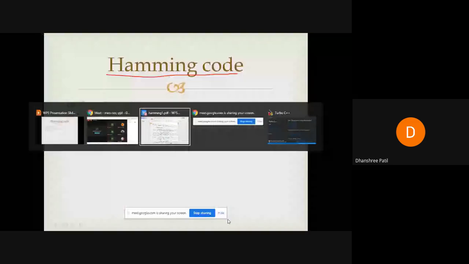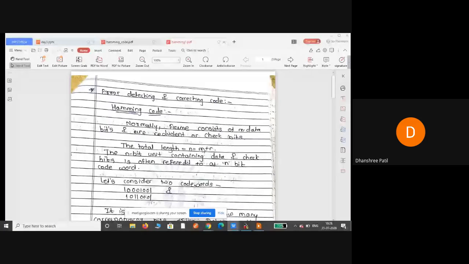I'll start. So what are parity bits? These are added to check whether your data contains any error or not. So to check that, parity bits are added. Now next, this whole thing is called a code word.